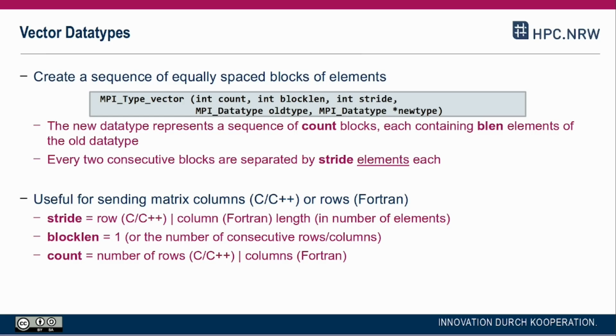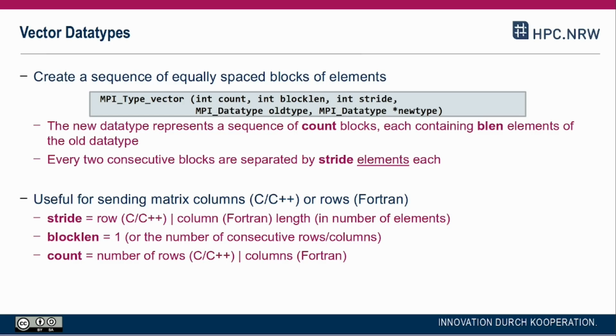So how to define this is, again, you have a count, but now you also have a block length that tells you how many elements in one, let's say, column, or how many elements in this dimension do you want to be part of your data type.